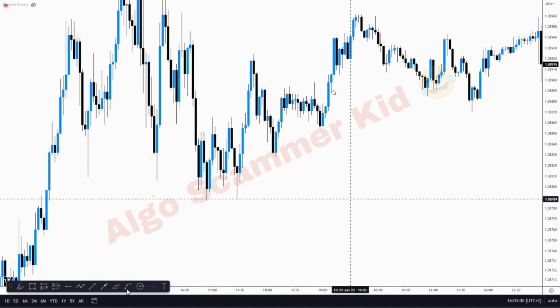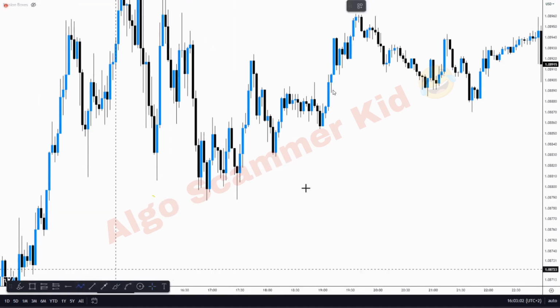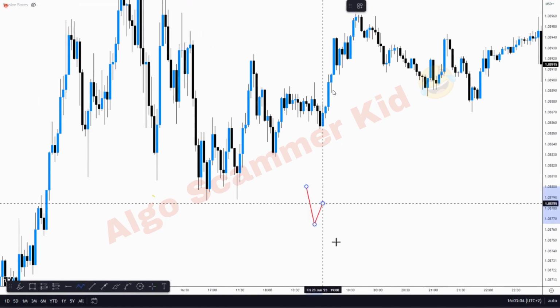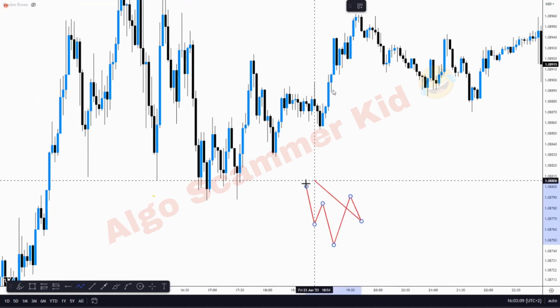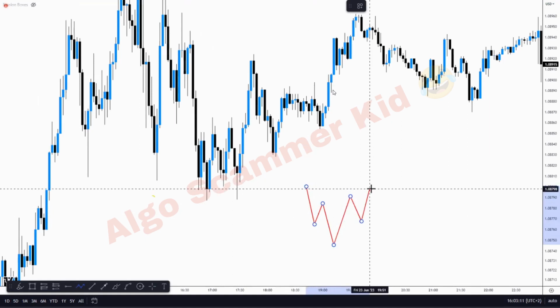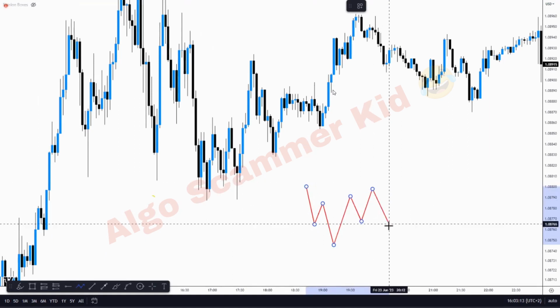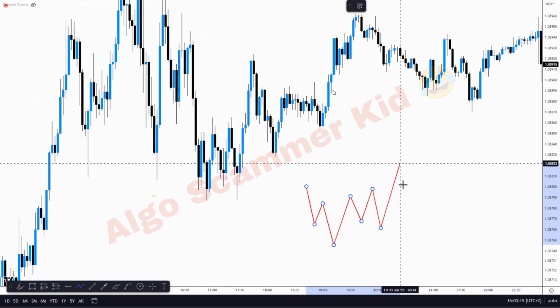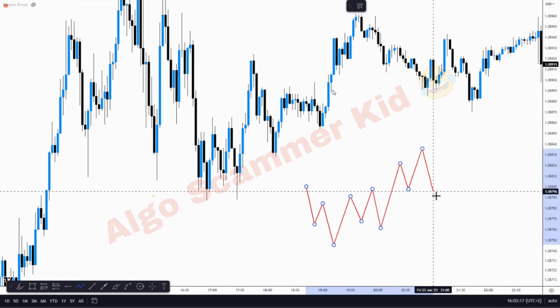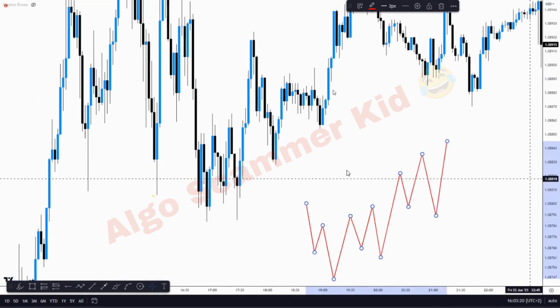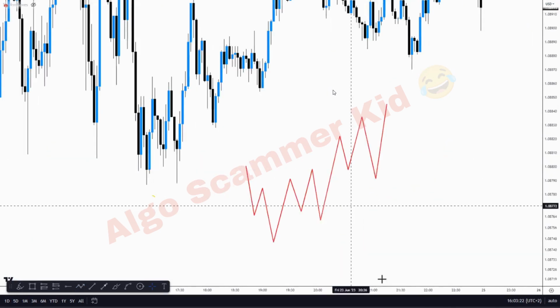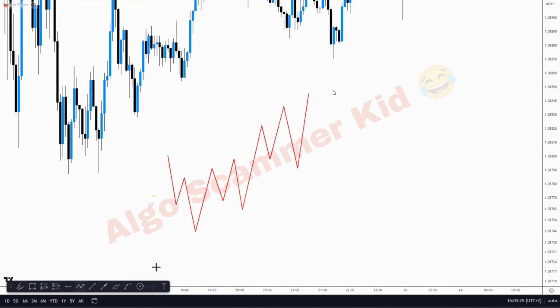Now, if I'm waiting for price delivery, it doesn't necessarily need to break two levels of structure. It can just come up here and give me this entry. But for better confirmation, because I've backtested it, I feel like sometimes, not most times, sorry, instead of doing this, it ends up doing this.